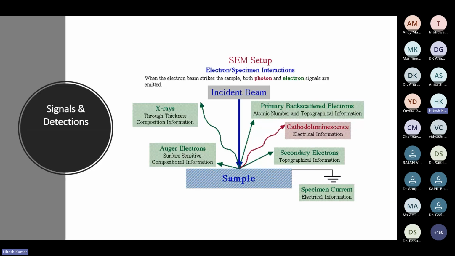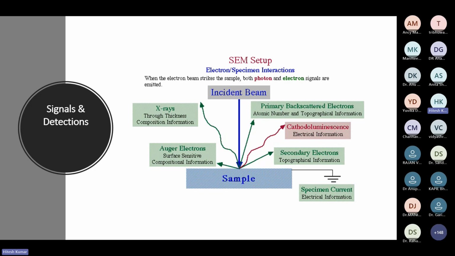But when you get the backscattered electrons, the interaction volume from your specimen is high, so you get more deeper information. According to the atomic number, you get different phase contrast. Let's suppose one phase has a higher atomic number and another has a lower atomic number.